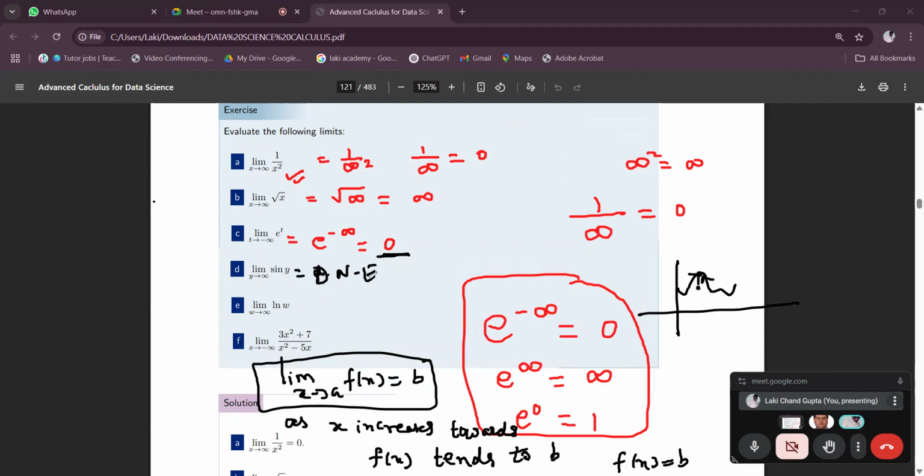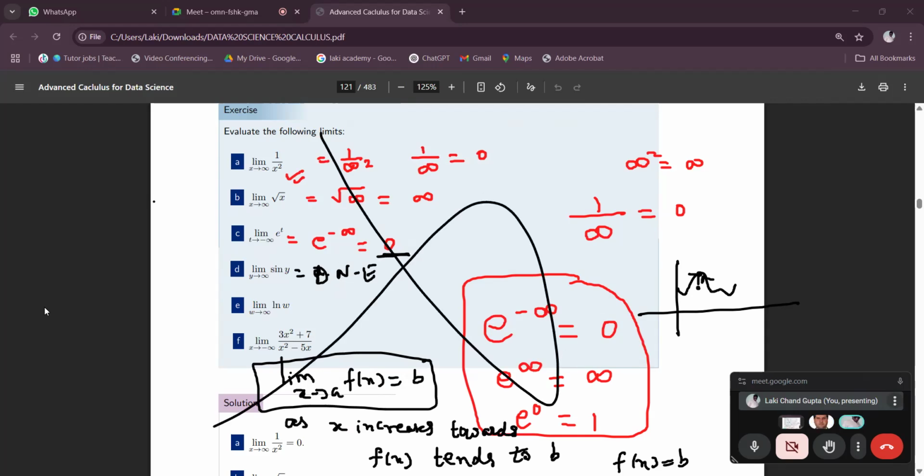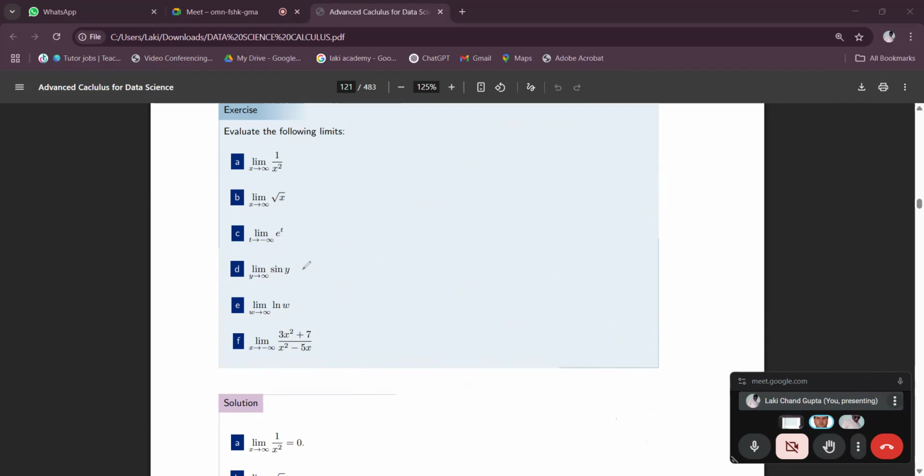Why is infinity not there? Why does the value of sin infinity not exist? Because let's suppose this is the sine graph.